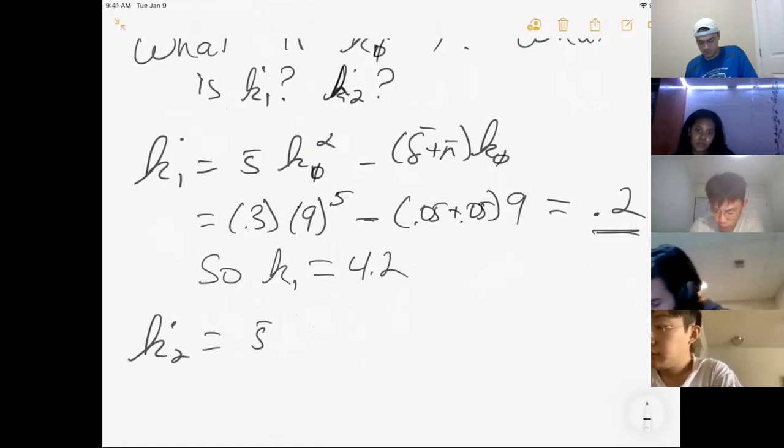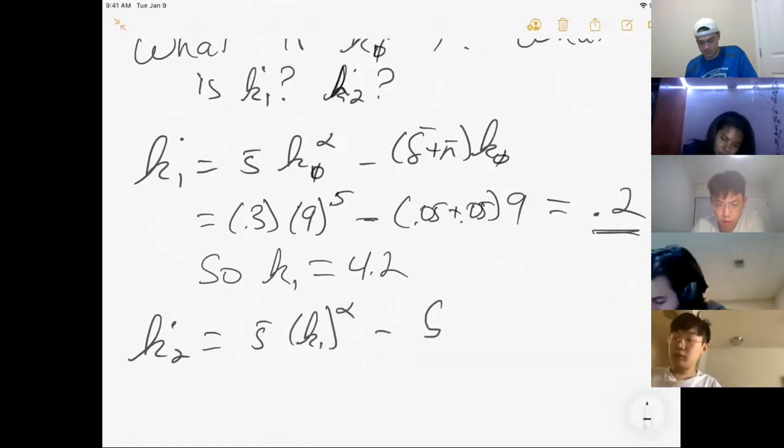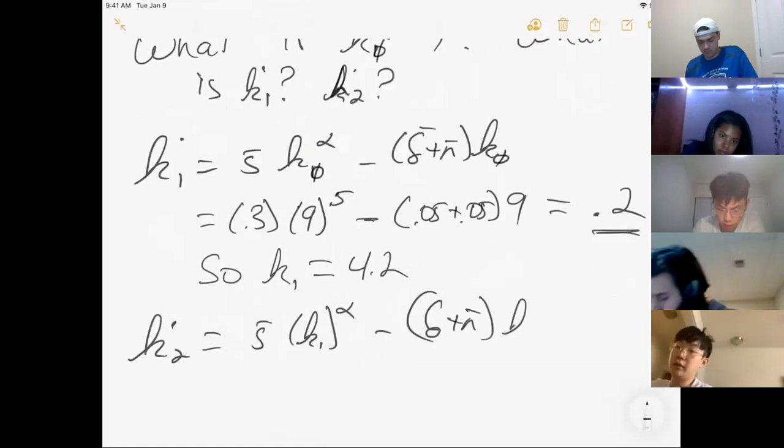The change in period 2, you just plug in everything, but notice here we use what capital stock was in period 1.